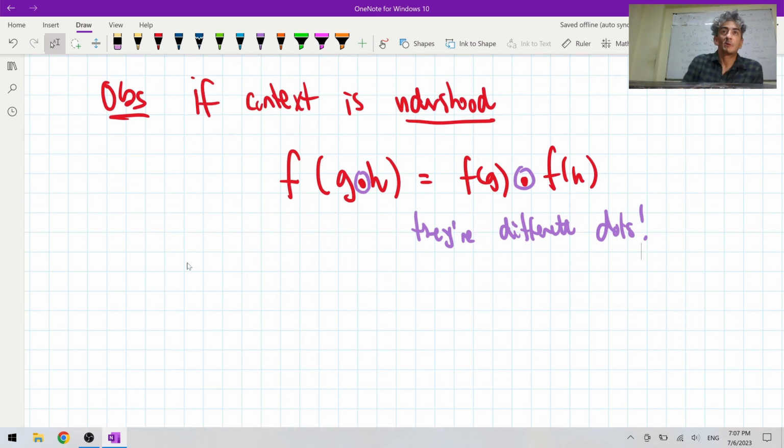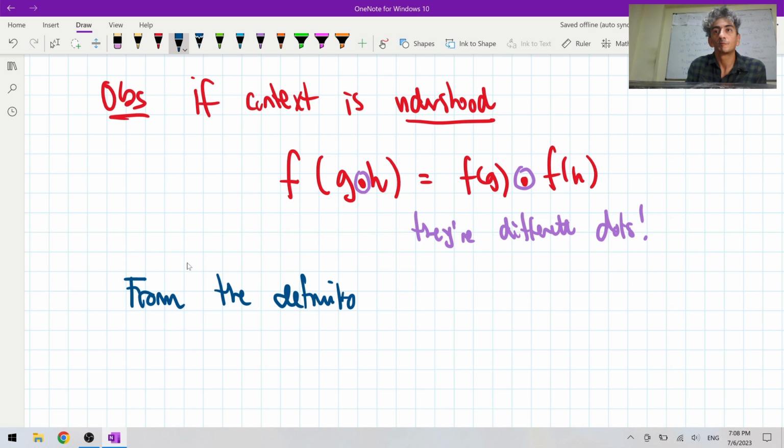Some observations and things that we can deduce from the very definitions. Also, we'll use E for both neutral elements, for G1 and G2.